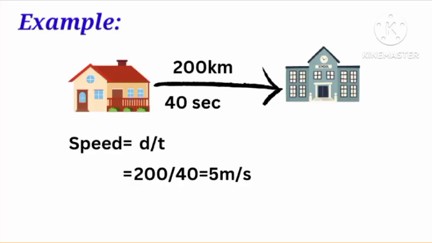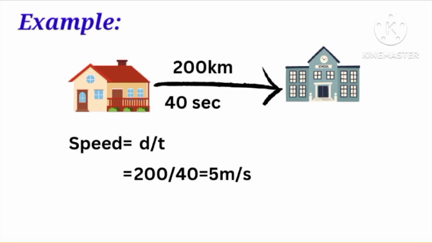To understand this, we will take an example. Here is a girl. A girl travels from her house to school. The distance is 200 km, which she has completed in 40 seconds. From her house to school, the total distance is 200 km, and the time is 40 seconds.